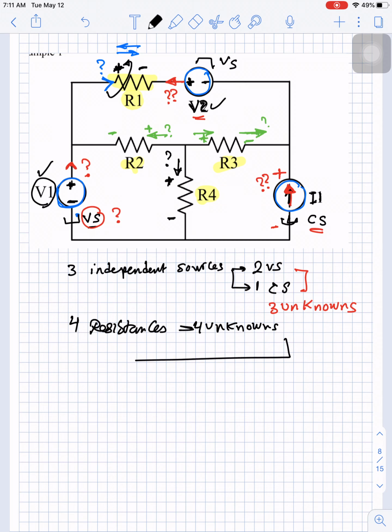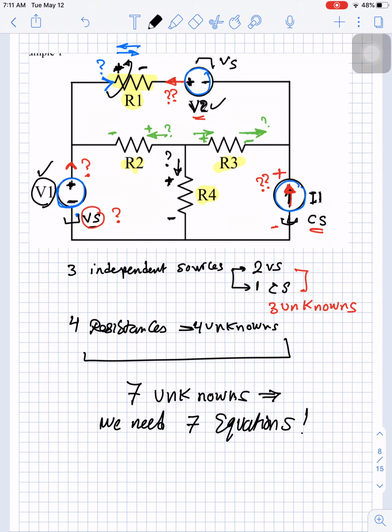So in total, to solve the circuit, we need to calculate 7 unknowns. And to solve the 7 unknowns, we need 7 equations. So we need to be able to write 7 equations so we can solve the circuit. What are the seven unknowns?